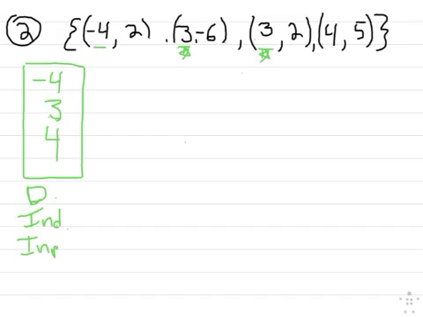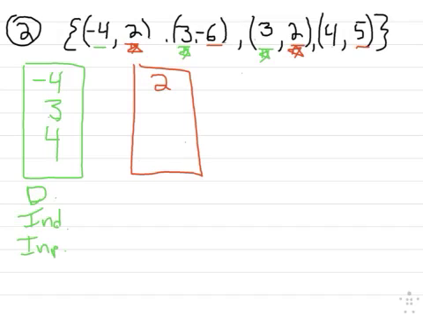And how about range? We've got 2, -6, 2, okay, star that one so we don't put it in twice by accident, and 5. We're just listing the elements, so 2 is the same element as 2, so we don't need to write it twice. So we've got 2, -6, and 5, in any order.